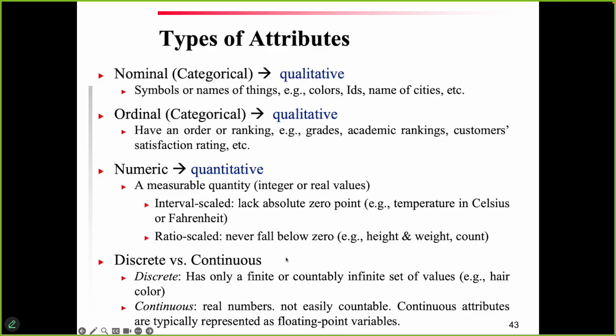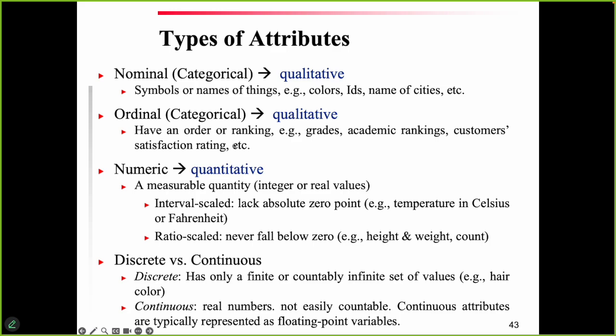So for example, height or weight, are they discrete or continuous? Height and weight are continuous. If they were discrete, it would mean that we can count them, and there isn't any real value within a range.